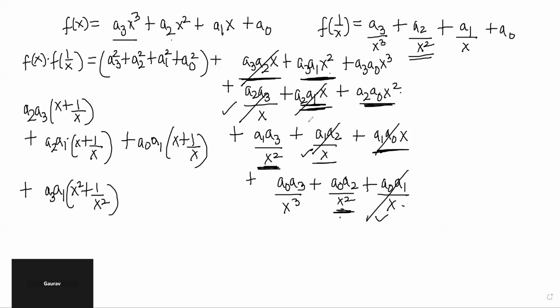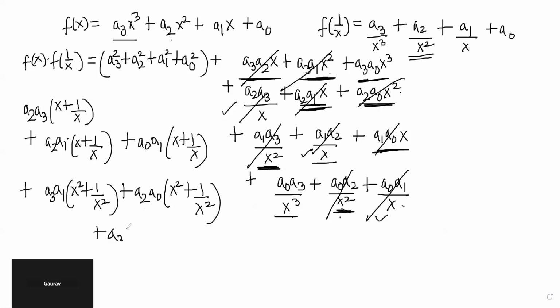So this is getting cancelled, this is getting cancelled, and similarly a2 a0 x square plus 1 by x square, right? And finally, there are two terms here left, these two, plus a3 a0 x cube plus 1 by x cube, right? Okay. Now, and there is a constant term here.